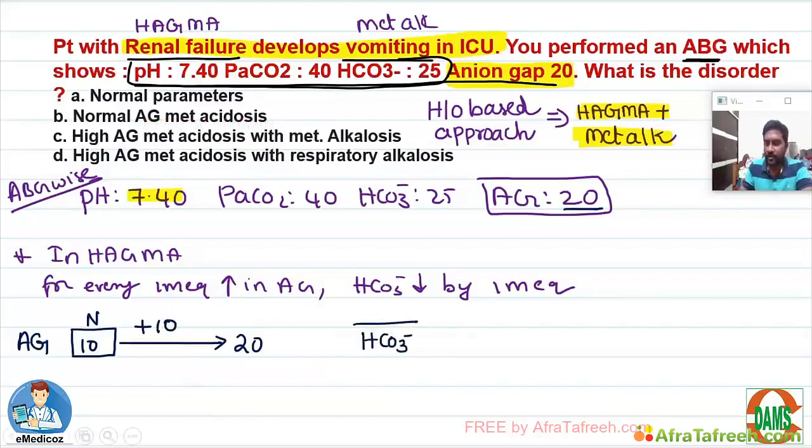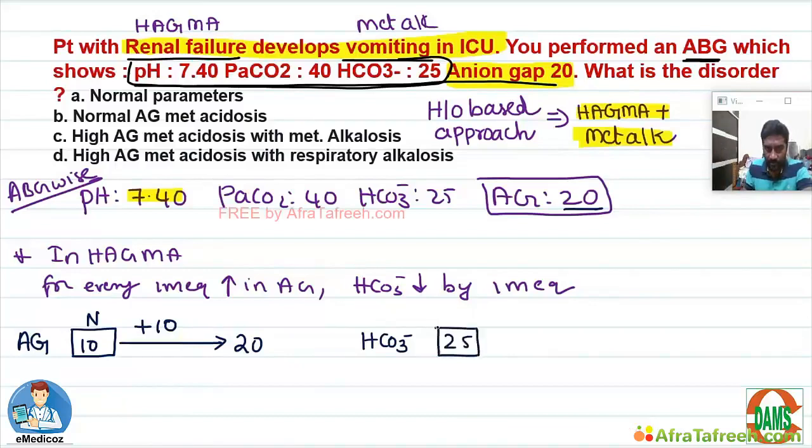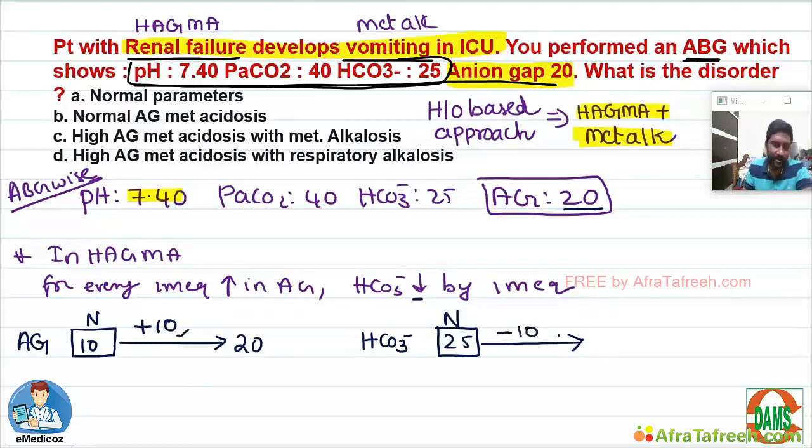So trend in bicarbonate. If you take normal value of 25, what should happen to bicarbonate? It should have been decreased by the same amount. So bicarbonate should have been decreased by 10 and it should have stayed at 15.